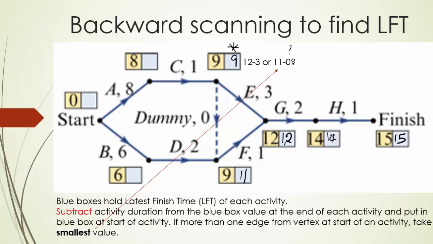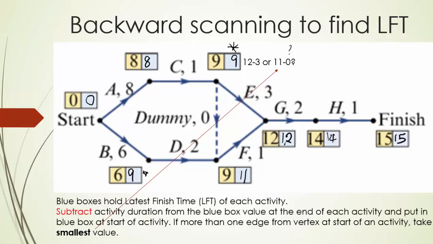For here, 11 minus 2 is 9. For up there, 9 minus 1 is 8. This one has got to be 0, so 8 minus 8 is 0.